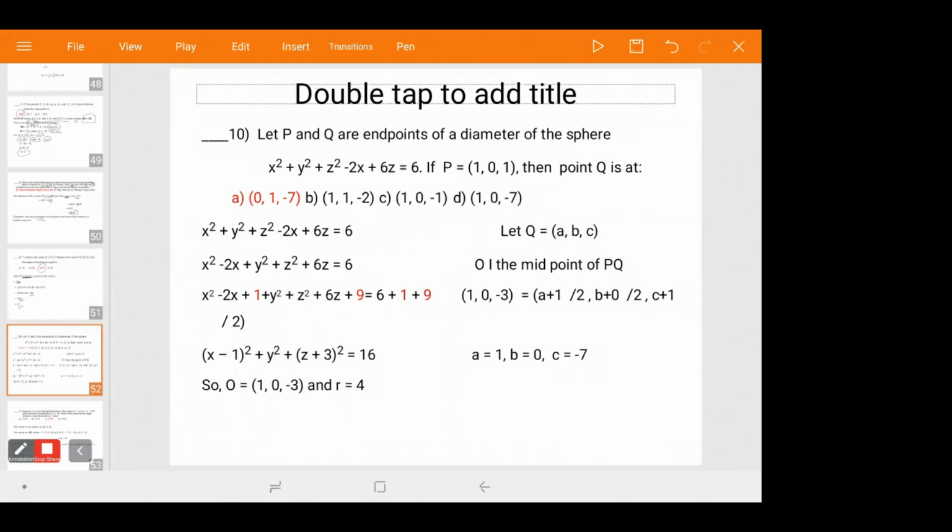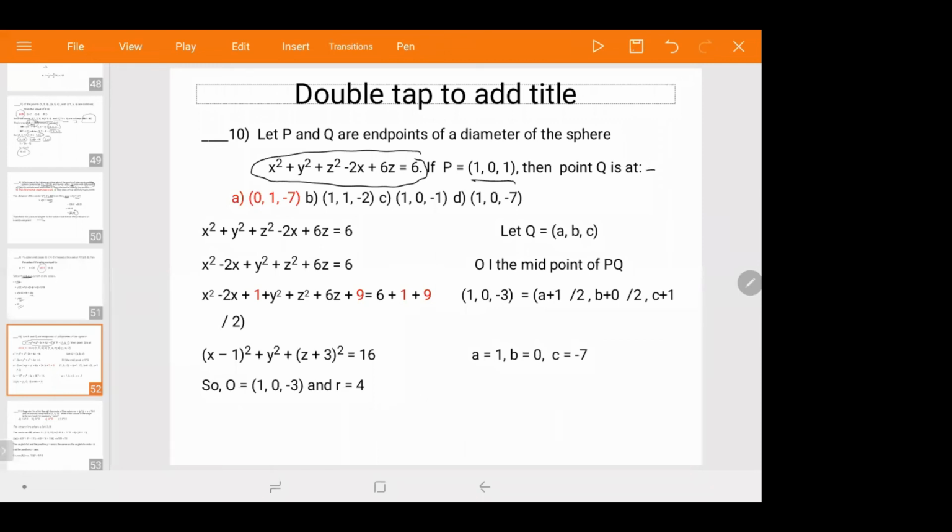Question number 10. Let P and Q be endpoints of the diameter of the sphere with equation x squared plus y squared plus z squared minus 2x plus 6z equals 6. Now, if P is 1, 0, 1, then the point Q is at what?